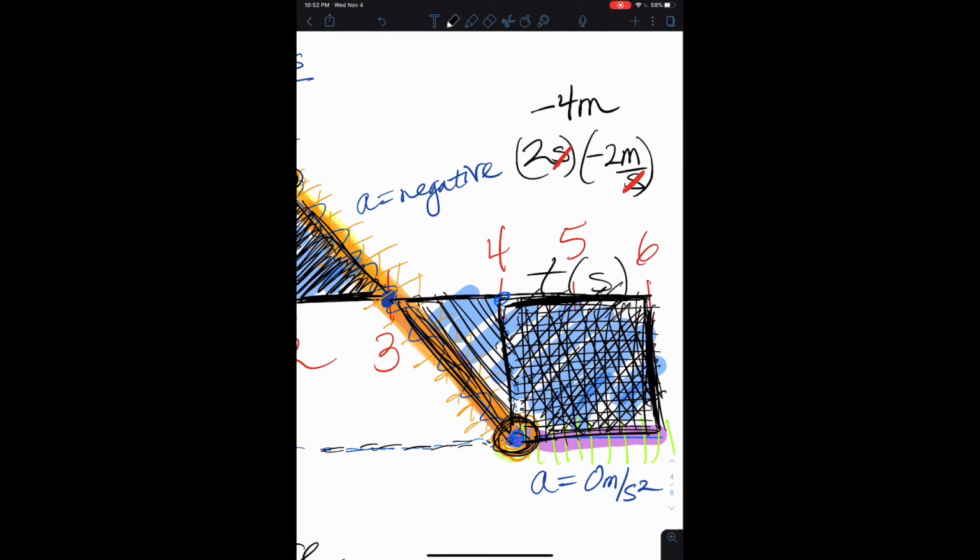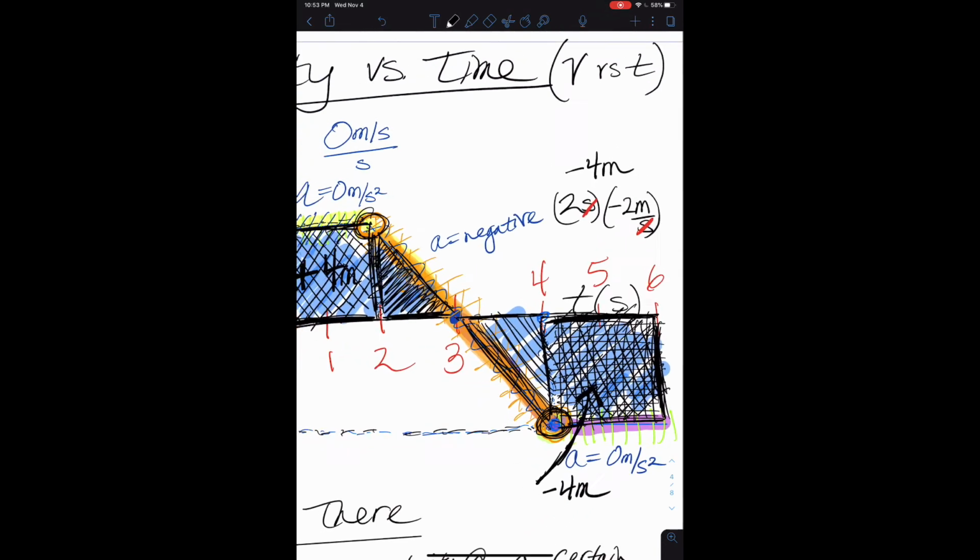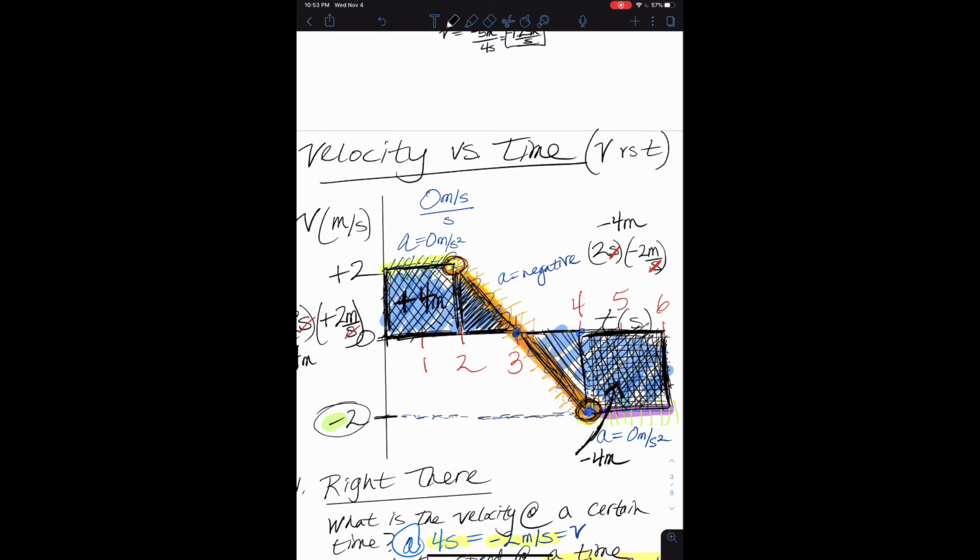Negative 4 meters. So this area right here, I'll try and draw an arrow because it's getting kind of crazy with all those lines. Negative 4 meters. All right. So we have two of our areas done, right? Positive 4 and negative 4 meters.